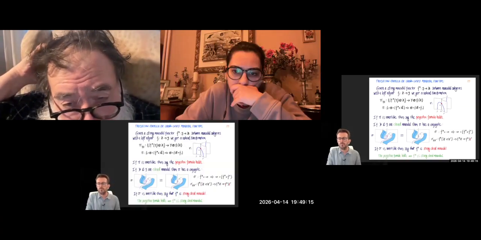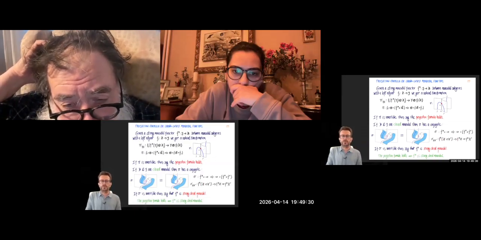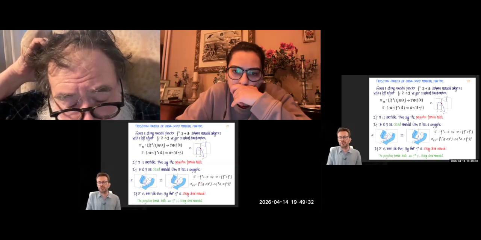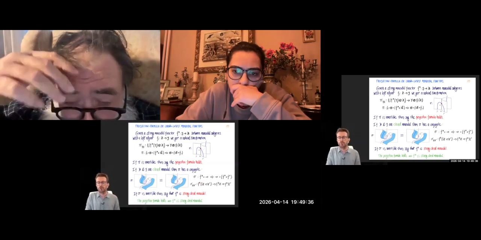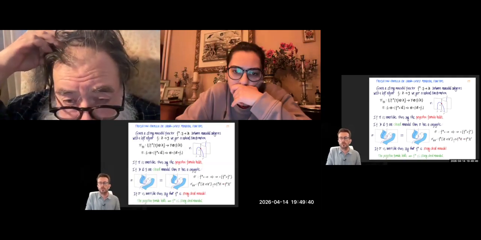Okay, so there's a canonical natural transformation in this situation from the f upper star of the internal hom to the internal hom after we've applied f upper star. Now, if sigma is invertible, we say that f upper star is strong closed monoidal because it's preserving this internal hom.